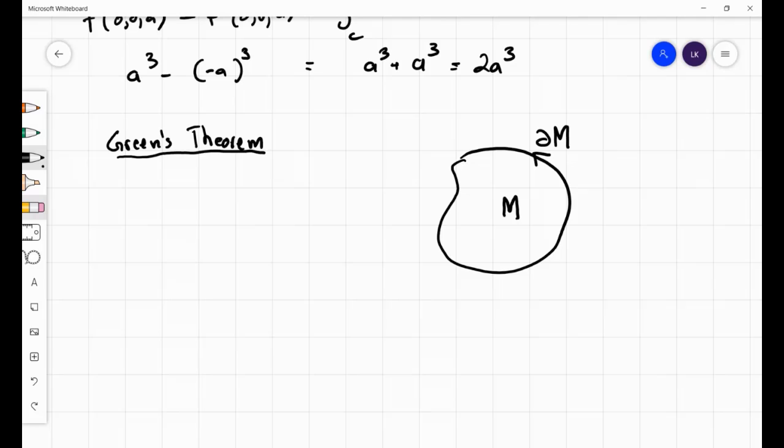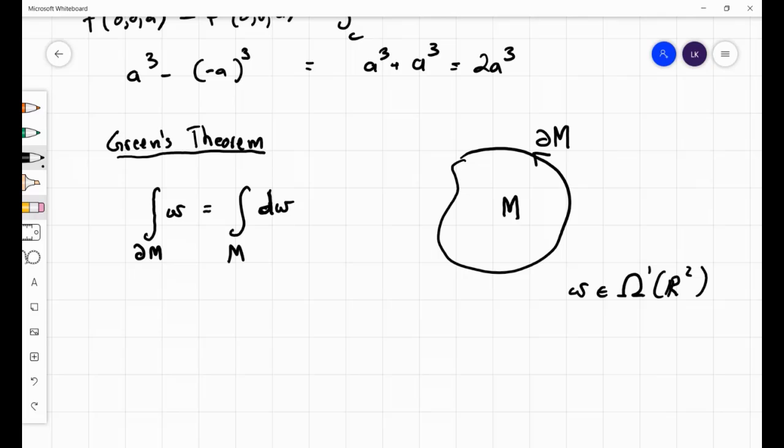Okay. So omega is going to be a 1 form on R2. That is to say, it's a work integral, right?